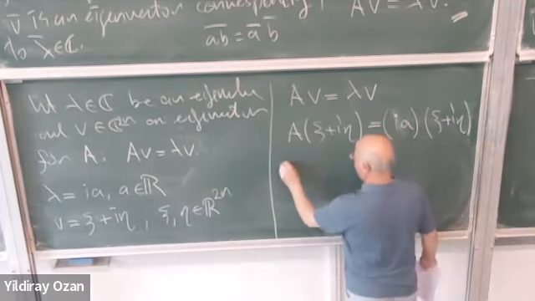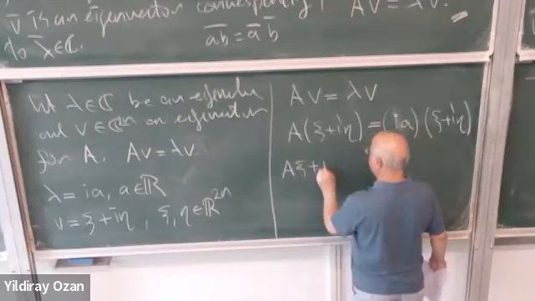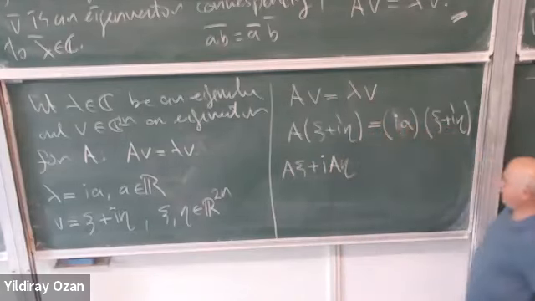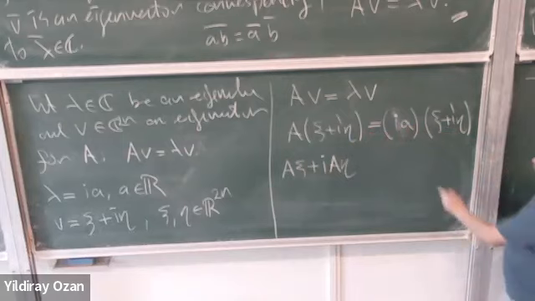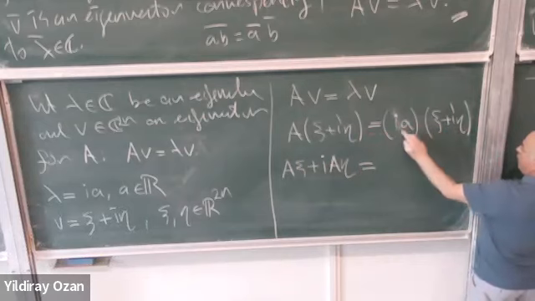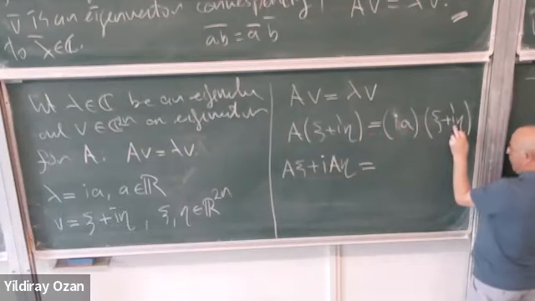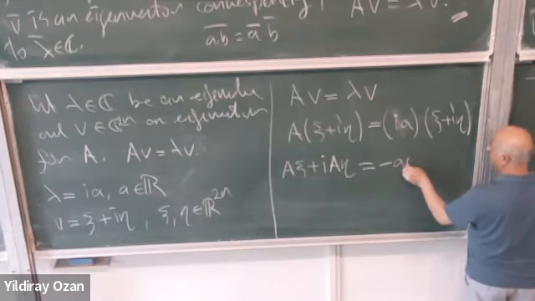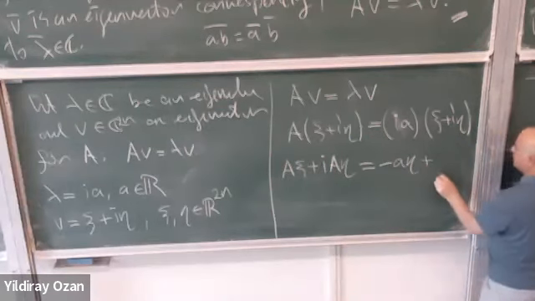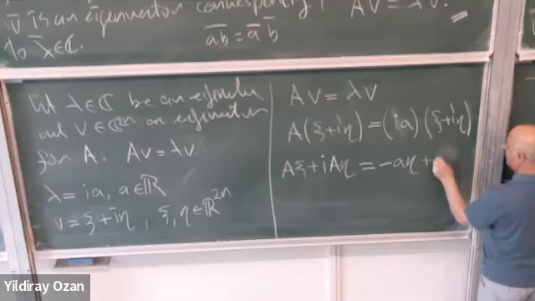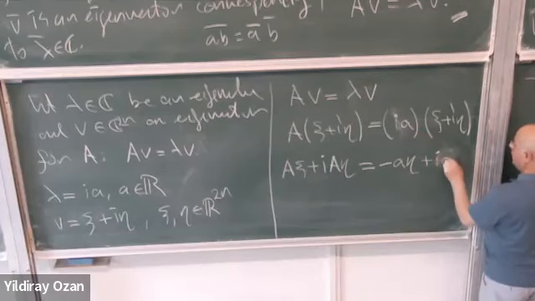So we have A times C plus i times A times mu. And what about this? We have i times i, which is just minus 1. So minus a times mu plus a times i times C.